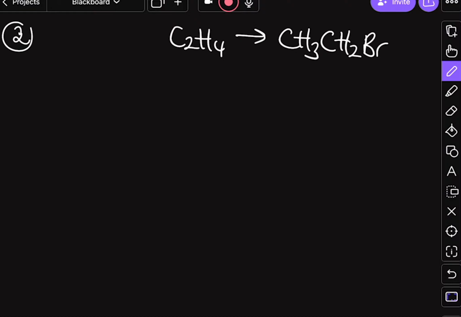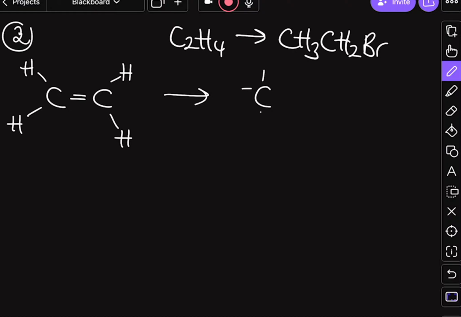And from that, again, we go back to basics. You draw out your scheme so you see what your molecule looks like. So it becomes CH3CH2, and we've said any halogen or side group that we're putting on goes to the right hand side.